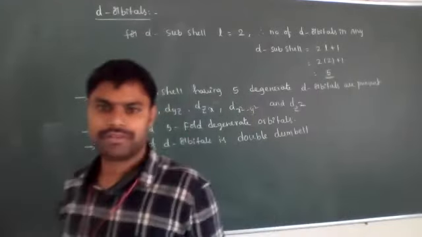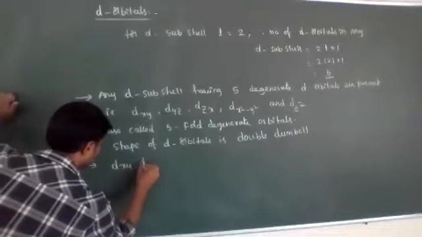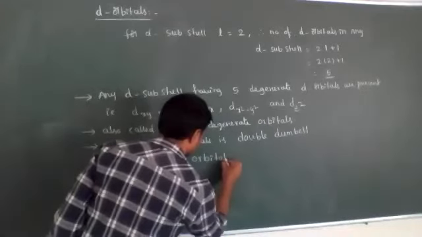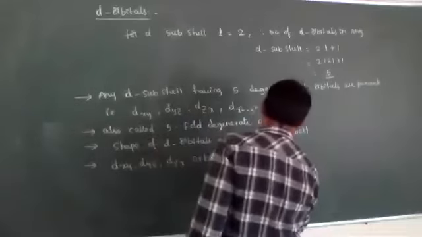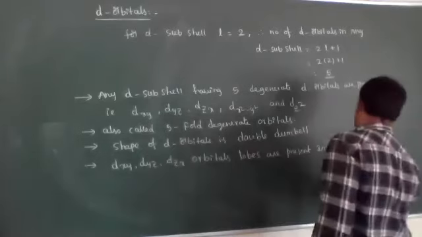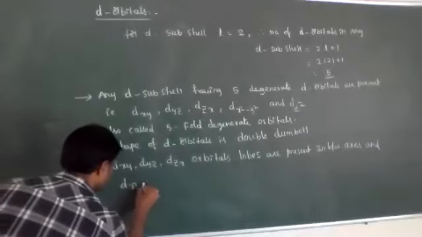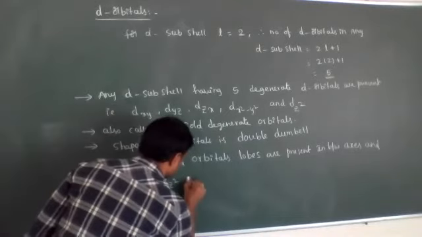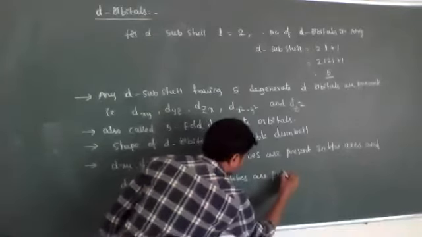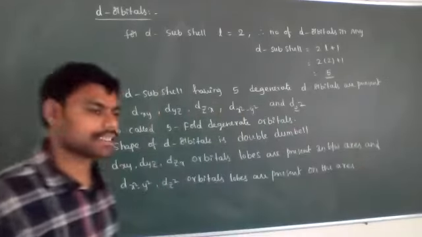For the dxy, dyz, dzx orbitals, the lobes are present in between the axes, and for the dx square minus y square and dz square orbitals, the lobes are present on the axis.